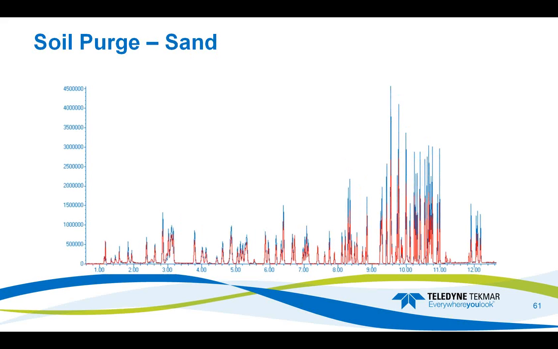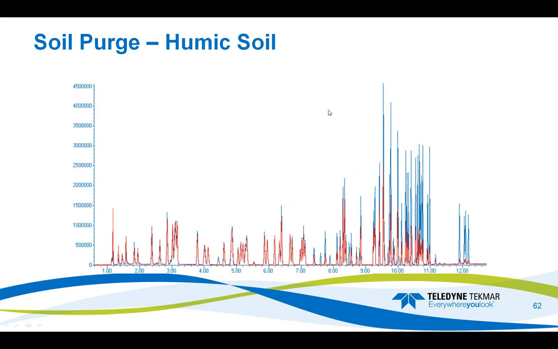With sand, we tend to have a little more trouble recovering certain compounds, especially our heavier compounds stick a little more. And then same with humic soils. We tend to have issues getting our heavier compounds loose. So again, longer purge times, maybe a longer pre-mixing phase to help move those compounds from the soil to the water.